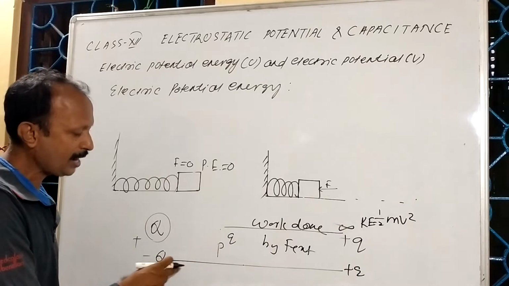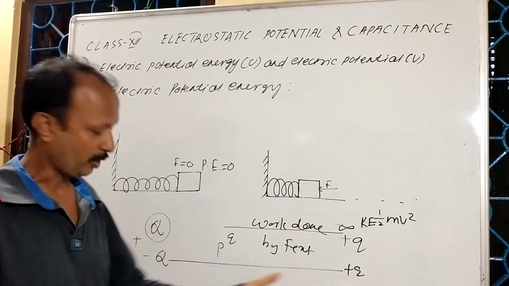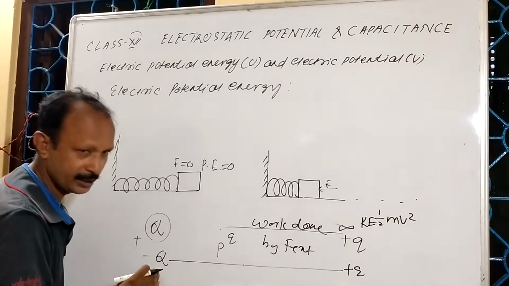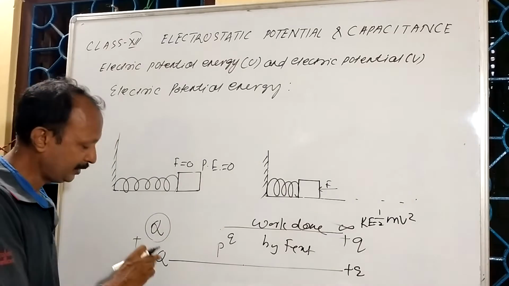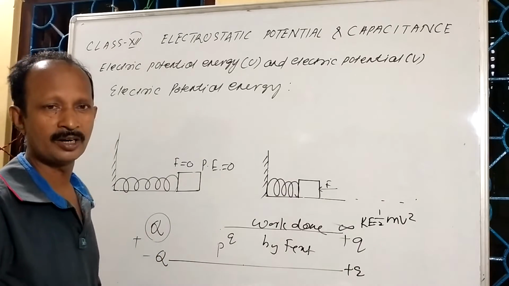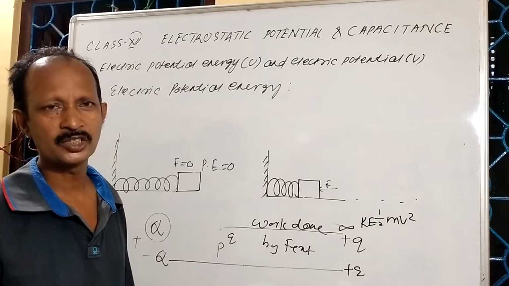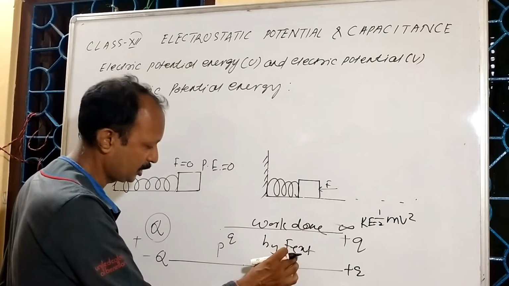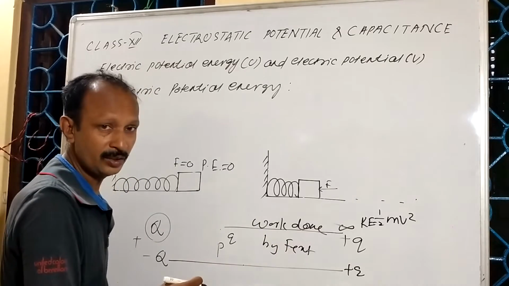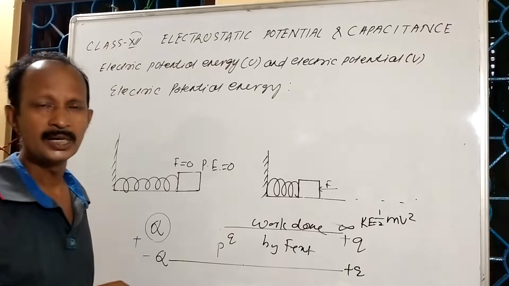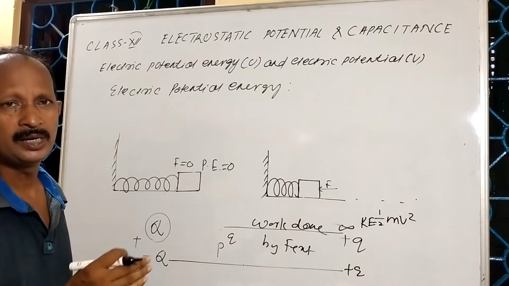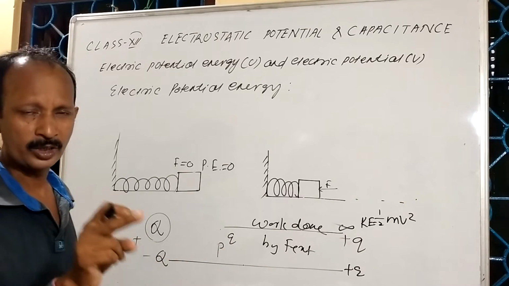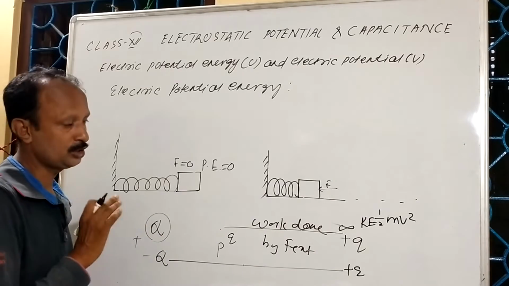In that case, the work done by the system, since this negative charge is pulling the positive charge due to the attractive force, is negative. If the work done by the external force is positive, then the work done by the system is negative, because the system is utilizing its potential energy. Here the kinetic energy is due to the conversion of the potential energy stored by the charge.